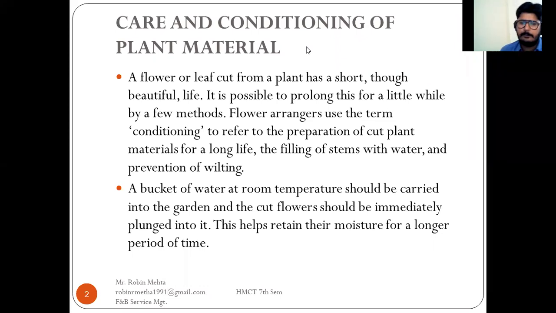So this helps to retain the moisture for a longer period of time, and gives our flowers a long life. If they have 2 or 3 days of life, by doing this exercise we can increase their life to 5 days, by 1 or 2 days. And it also looks fresh.